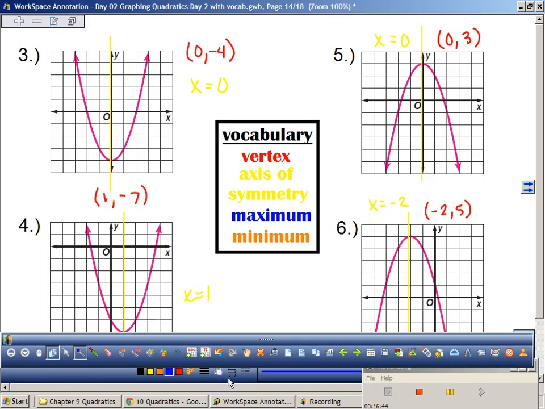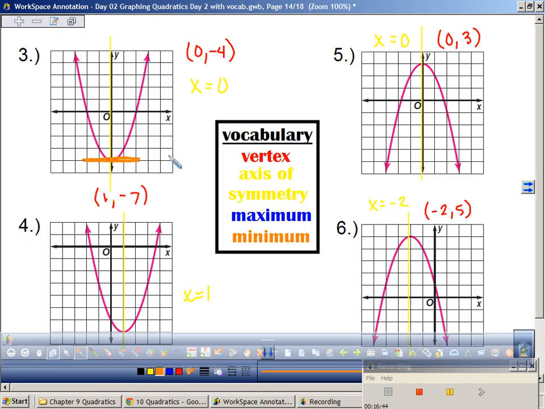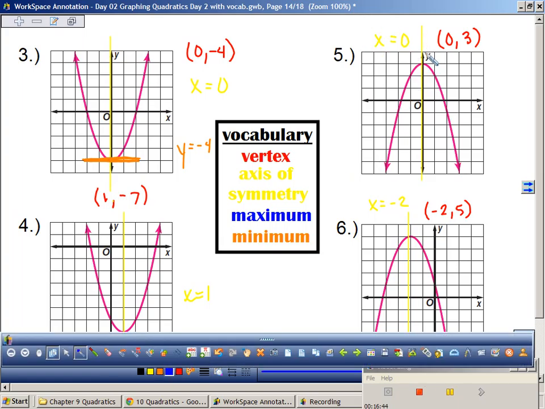Is this graph, this is the hardest one, does this graph have a maximum or a minimum? It has a minimum. Correct? The minimum point. Can't go any lower. Can't dig any further. It would be y equals -4. What about this one? That would be a maximum. You can't jump any higher than what? Than 3.